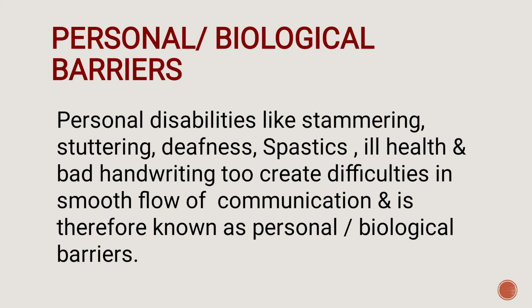Ill health, sometimes you are feeling either under the weather or any sort of stress you have that has any repercussion on your health. And bad handwriting. These are some of the issues which are labeled as personal or biological barriers, and that too create difficulties in smooth flow of communication, and is therefore known as personal or biological barriers.